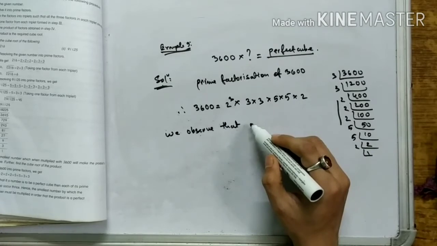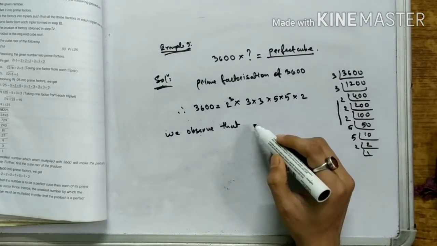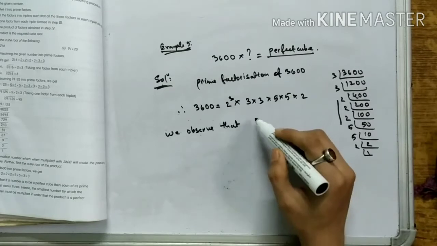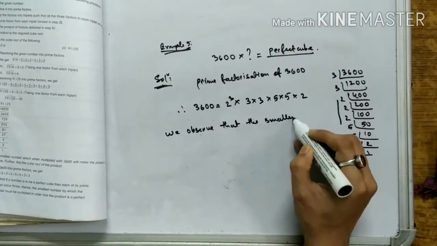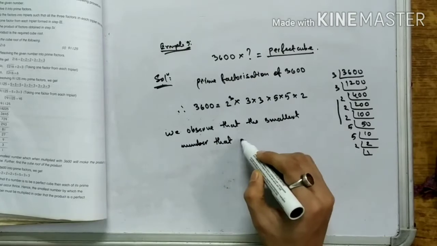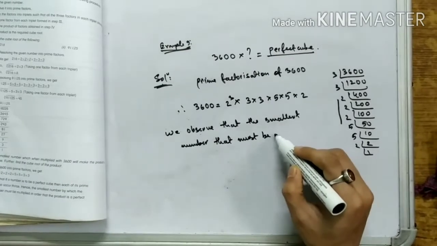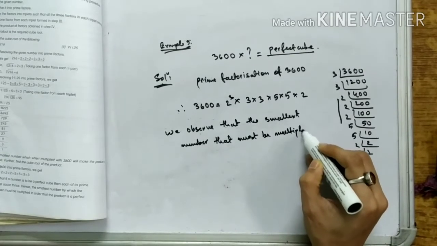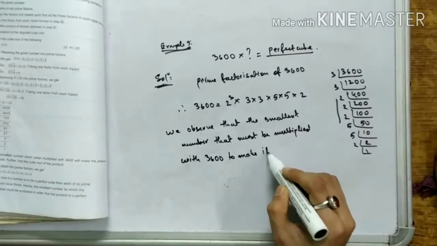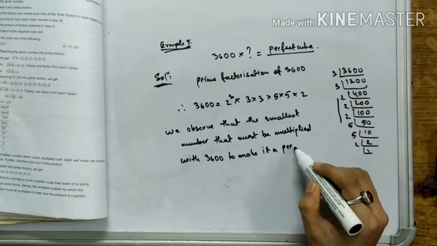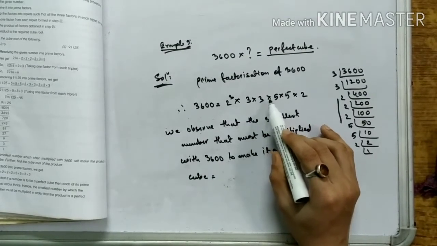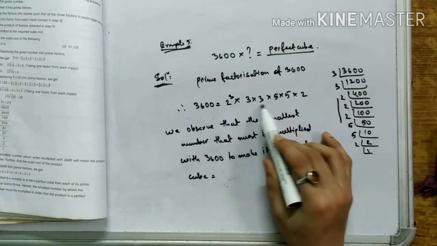So therefore we observe that the smallest number that must be multiplied with 3600 to make it a perfect cube is equal to, you see, this 3, there are two 3s, I need one again, one 3 I need so that I can make the group of 3.